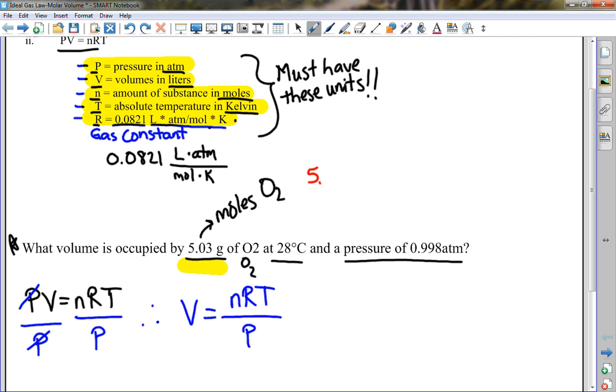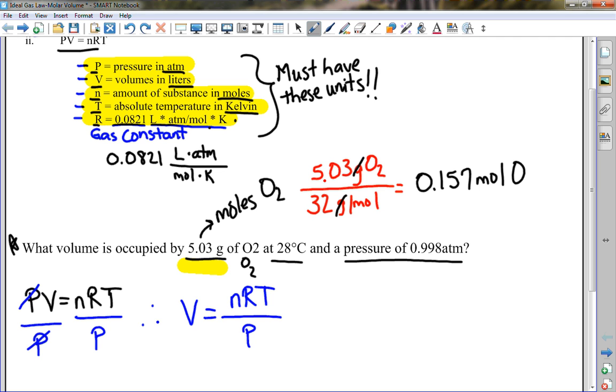Take our 5.03 grams of oxygen divided by your 32 grams per mole. You guys have been doing this now for quite some time. Of course, that means that your grams are canceling out, and ultimately you end up with 0.157 moles of oxygen.